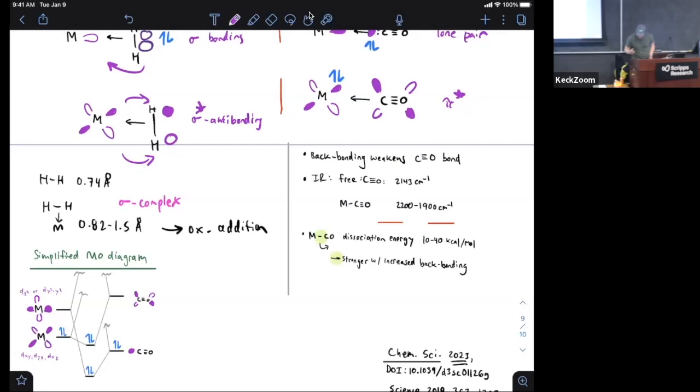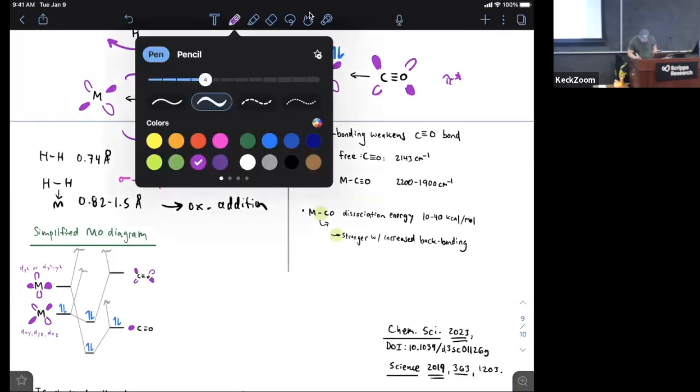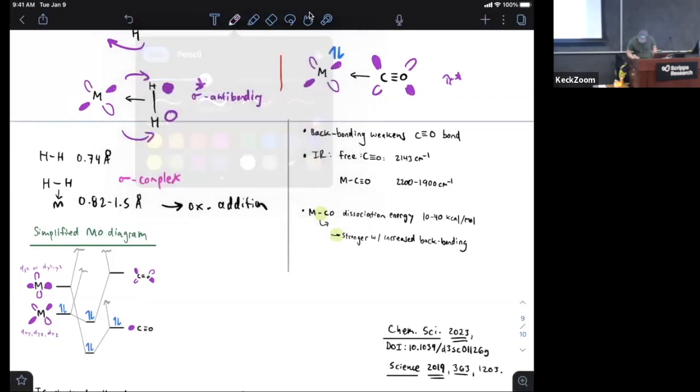So in the gaseous state, we know carbon monoxide has triple bond character, and that can be read out by IR with a stretching frequency of around 2100 wave numbers. Now when you coordinate to the metal, depending on how extreme the bonding is, the way I like to think about it is, let's consider the two limiting scenarios here.